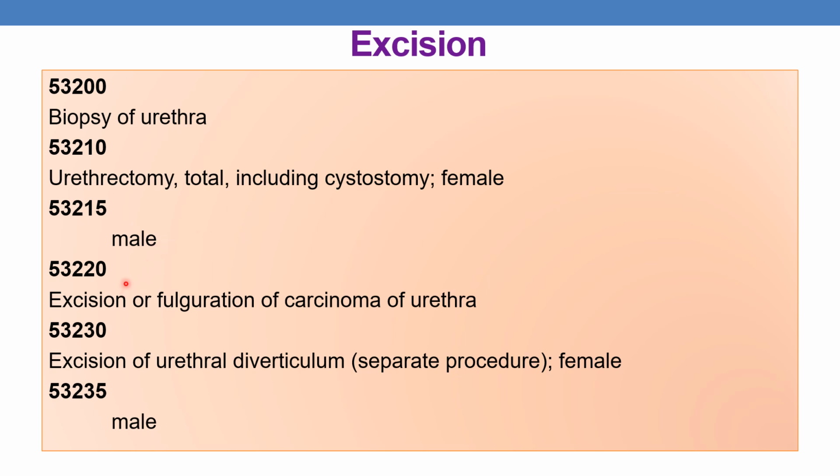The next is 53220, excision or fulguration of carcinoma of urethra. The next is 53230, excision of urethral diverticulum, separate procedure, female. The next is 53235, excision of urethral diverticulum, male.